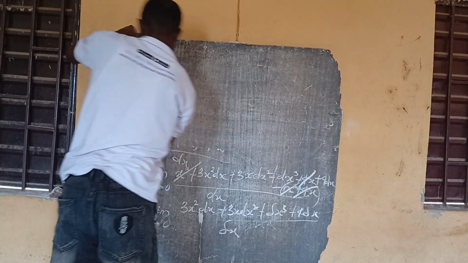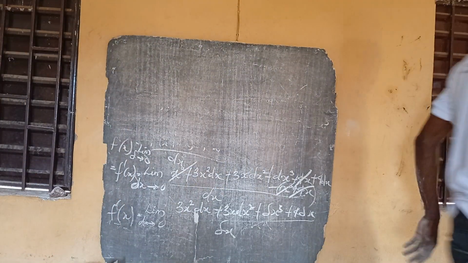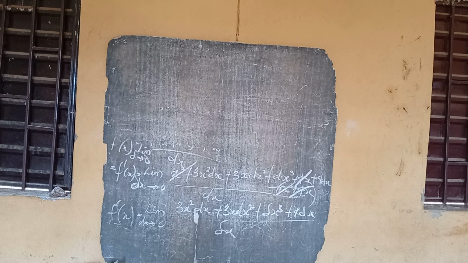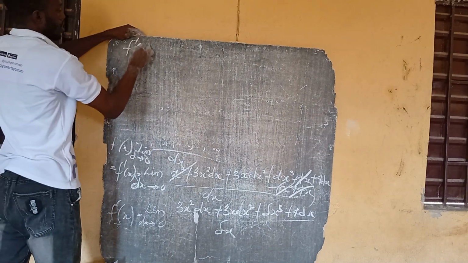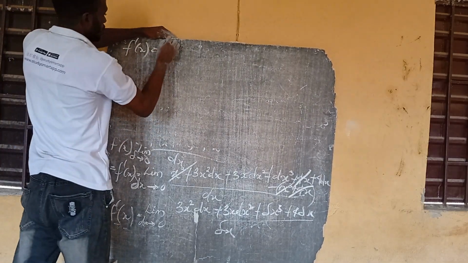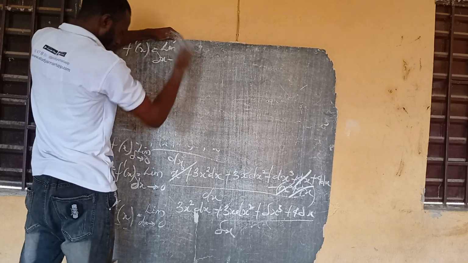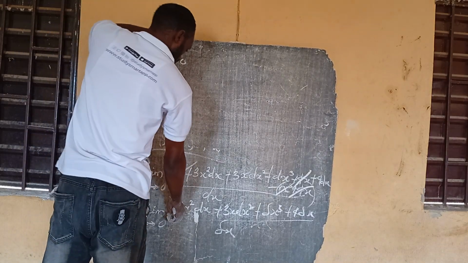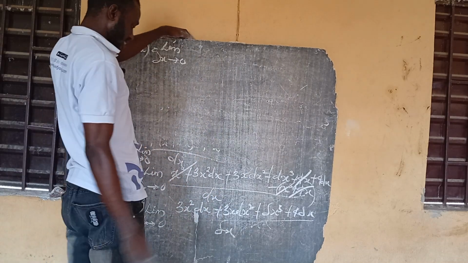So the last stage now: f prime of x is going to be the limit as dx approaches 0 of, now this guy, we're going to split for all of the entities there.